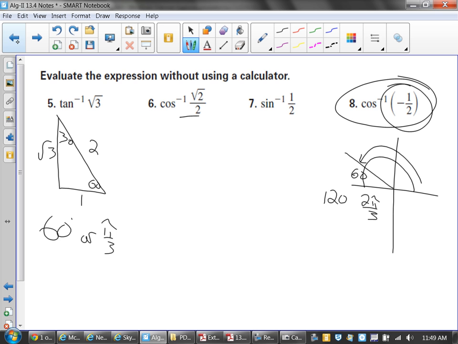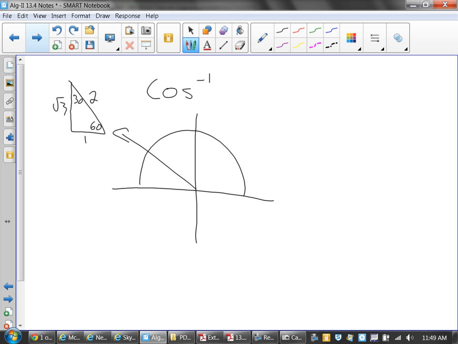The cosine of 60 is 1/2. When I'm placed in the second quadrant, my reference angle is the 60 degree, which puts me here, which means that the positive angle is 120.